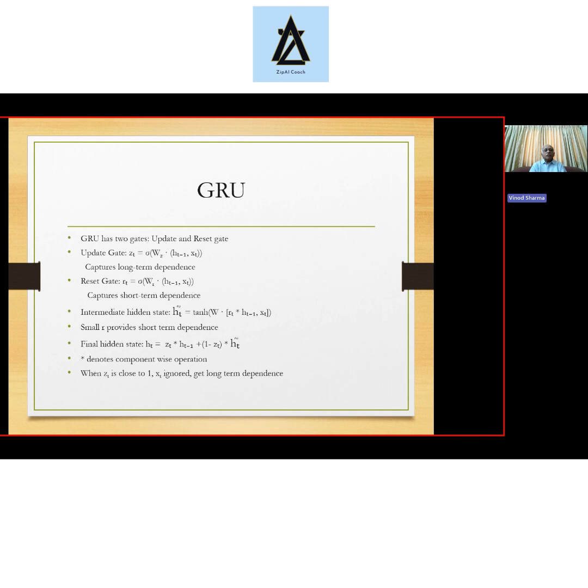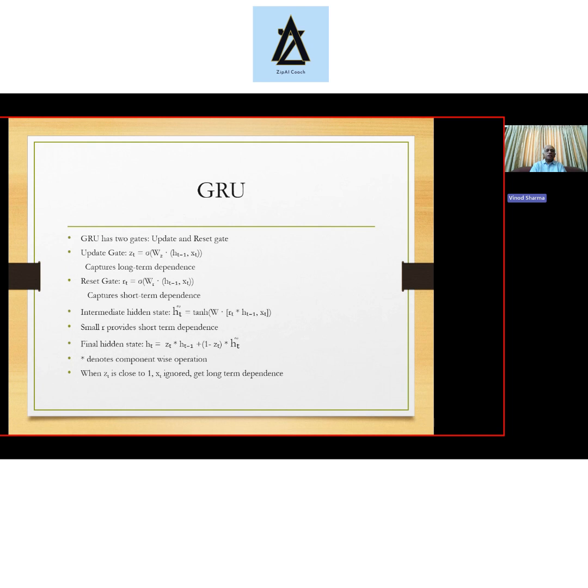Now, the hidden state h_t is equal to z_t star h_{t-1}, the previous state, plus (1 minus z_t) star h_t tilde. Remember h_t tilde given above. If r_t is small, then h_t tilde has dominant contribution from x_t.